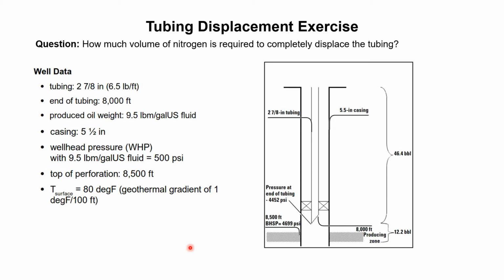Wellhead pressure when the well is filled with 9.5 ppg fluid is 500 psi. Top of perforation is 8500. The temperature at the surface is 80 degree Fahrenheit, whereas the geothermal gradient of the formation is 1 degree Fahrenheit per 100 feet. So let's start our calculation.